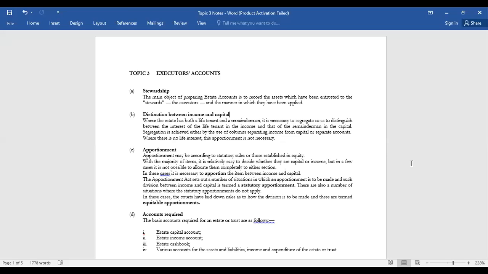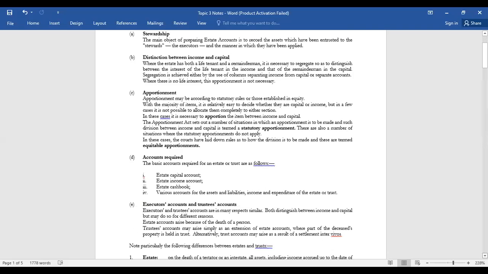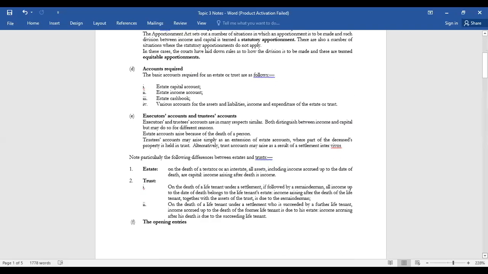So we have four main accounts that are required to achieve this. We have the estate capital account, the estate income account, the estate cash book account, and the liabilities and assets accounts. Of course, this one will now be arising as the entries or the transactions come in.